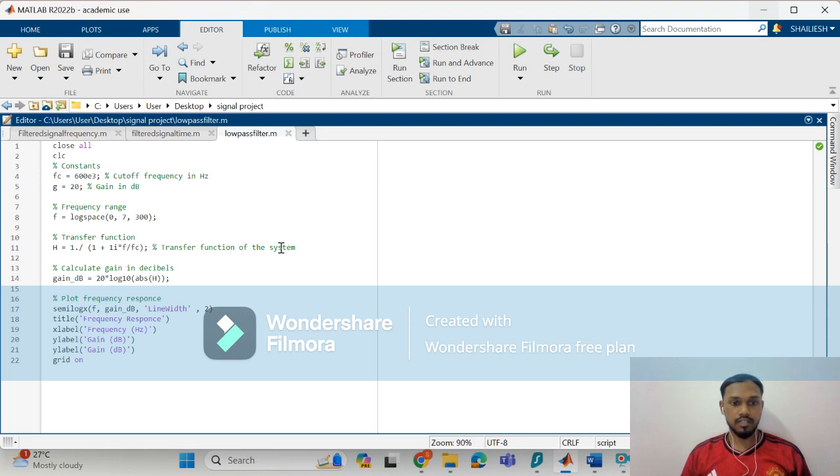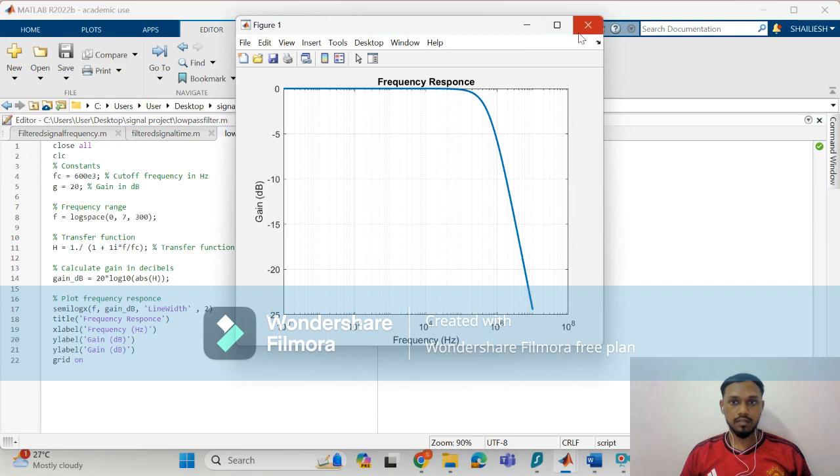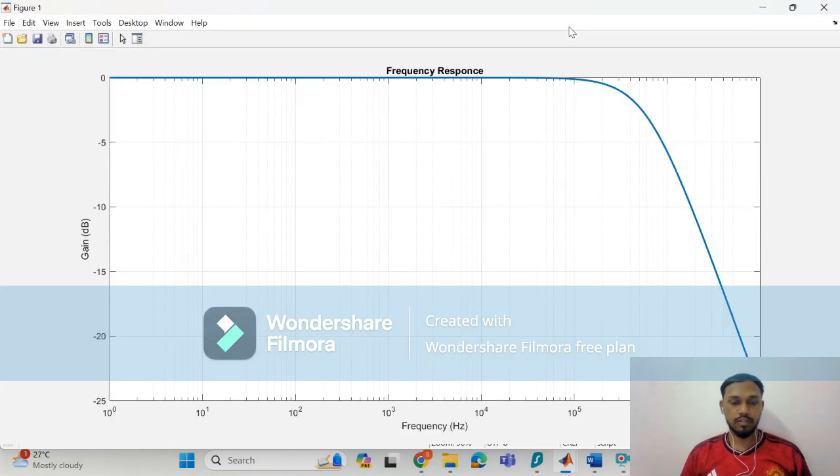This is the transfer function of the system. Then we calculate the gain in decibels: gain is equal to 20 log10 of the magnitude of H. Then we plot the frequency response. This is our frequency response for the 600 kilohertz fc.